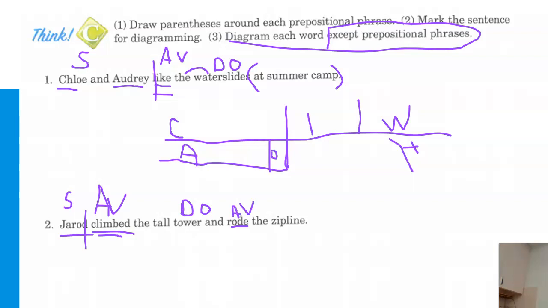And he rode what? Zip line. What does the describe? The describes tower. What does tall describe? Tower. And what does the describe? Zip line. So now, what would this look like as a diagram? I want you to go ahead and make your diagram.